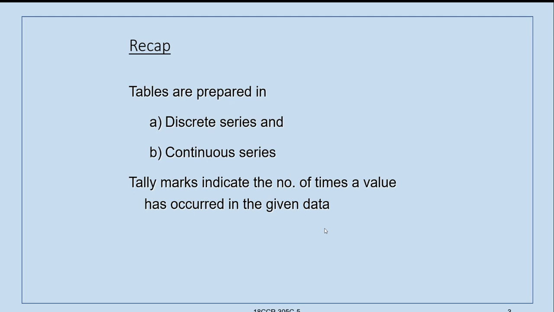We have seen discrete series and continuous series. Of course, in individual observations, we do not have any frequency distribution. The tally marks or tally bars, which indicate how many times a value has occurred in the given data, were also seen.